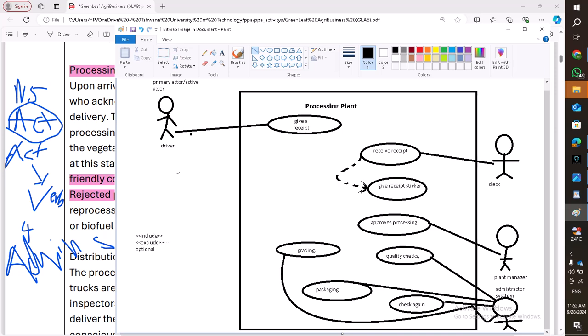This is the thing, but remember, every time you have to write in an order. So this is how I will write my use case diagram.